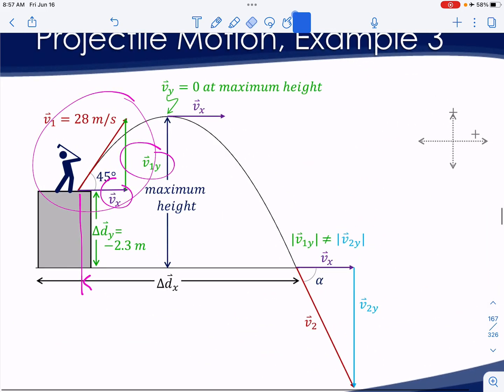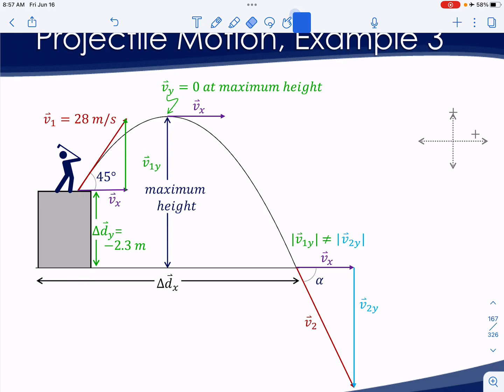So let's think about this for a second. It was launched at 45 degrees, and we know that this right here is 20 meters and this is only 2.3. So this isn't drawn to scale, obviously. If we were looking at it right here, this angle would have been 45 degrees below horizontal.